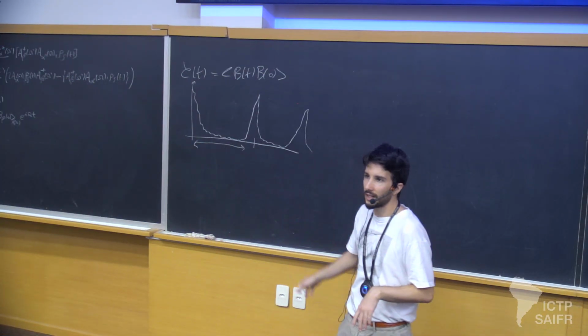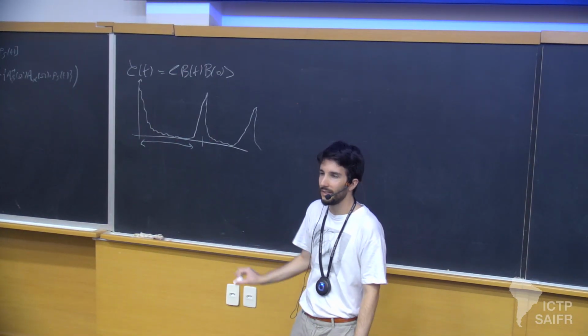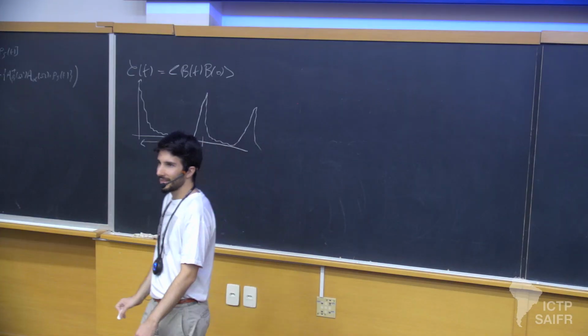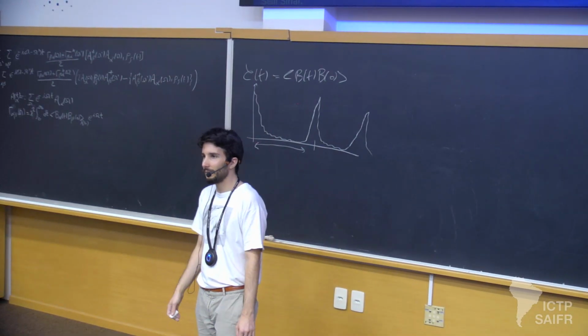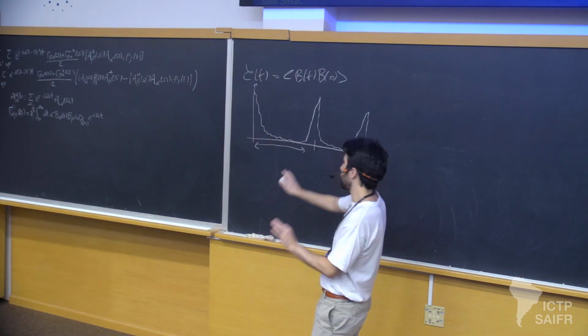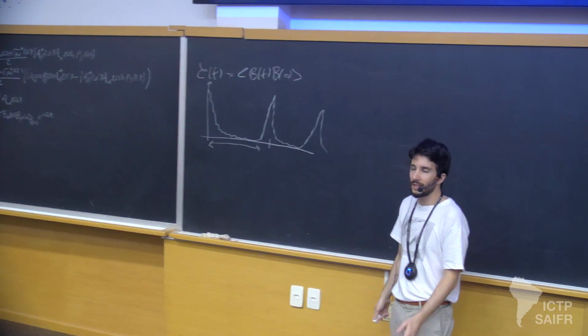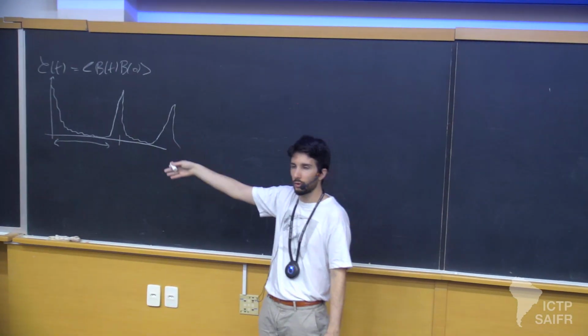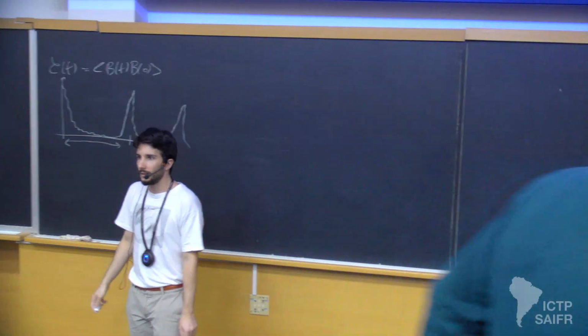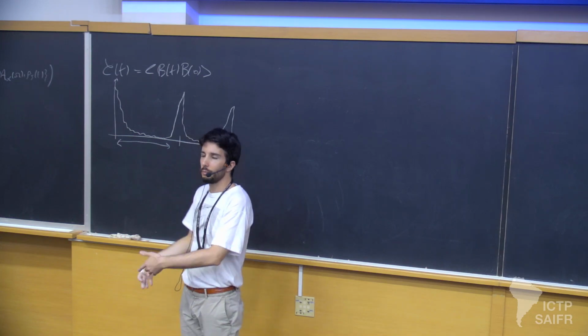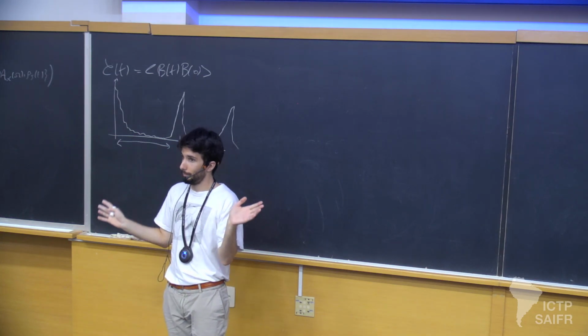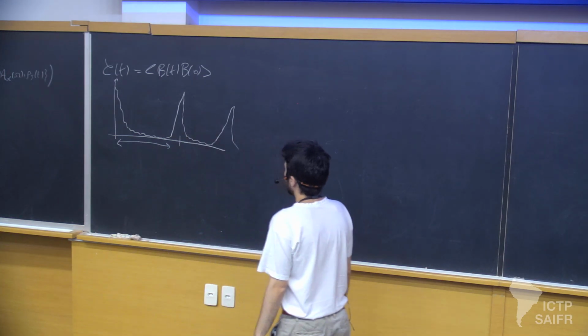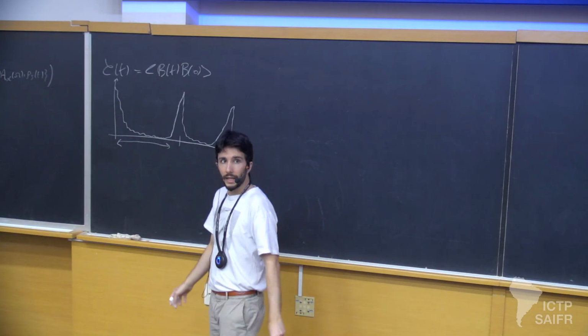But this is a bare minimum condition. If you violate this, then there's not much point in trying to approach the problem with this formalism. So ideally, the bath should be a continuous system with a continuous spectrum.